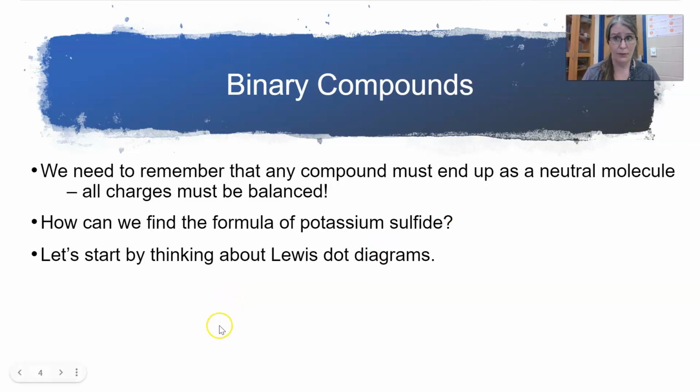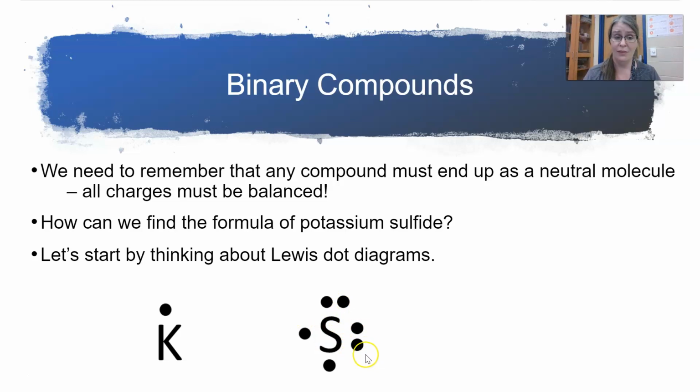Potassium is a very simple Lewis dot diagram. It's in group 1A, so it just has one valence electron. Sulfur is in group 6A, so it would have 6 valence electrons. That means we would go around one on each side to do the first 4, and then pair up 2 of them, so we get a total of 6. So these are our neutral elements.